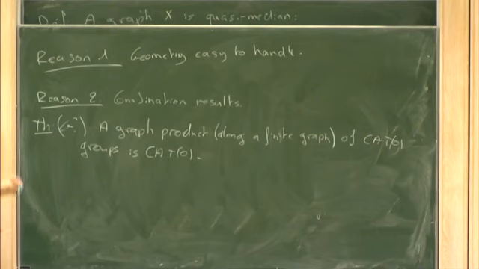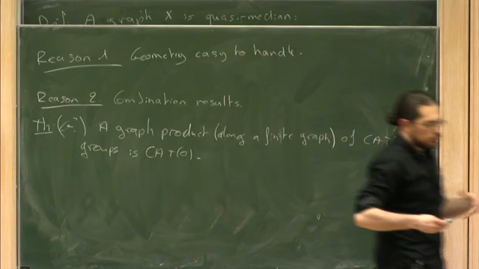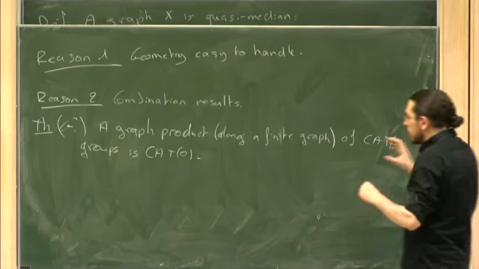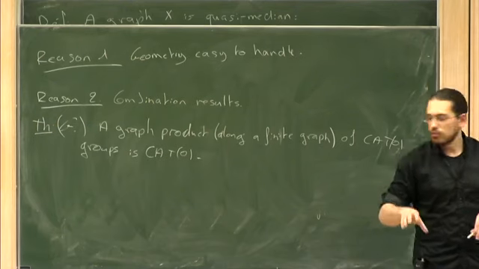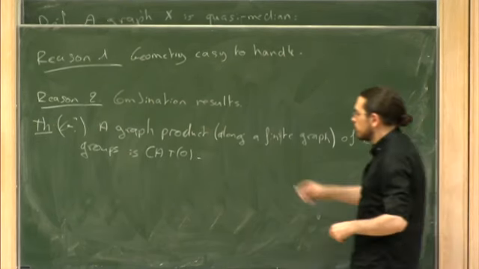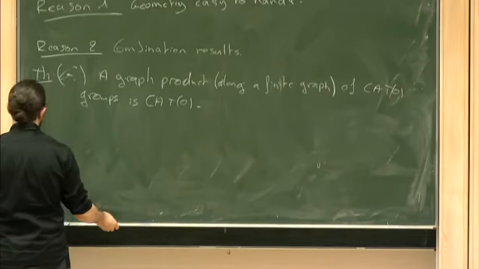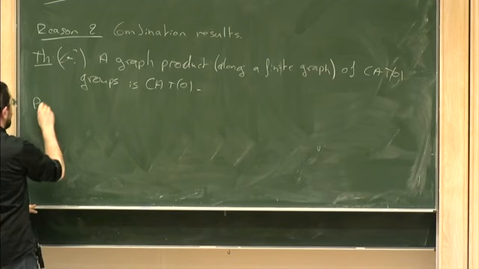Okay. So in particular, we have to start with a collection of actions and produce an action of the graph product, and this is done by the following proposition.